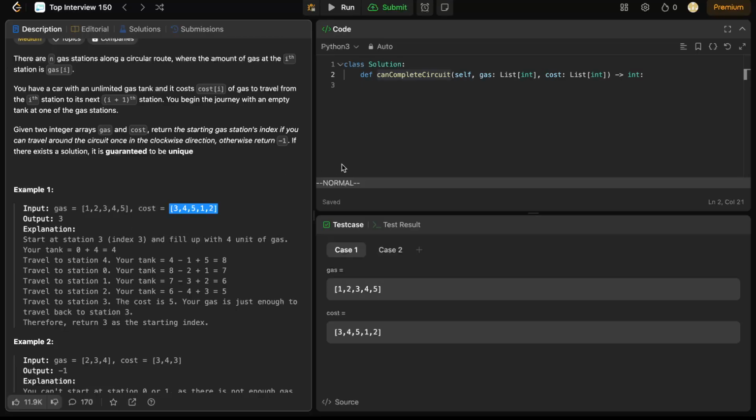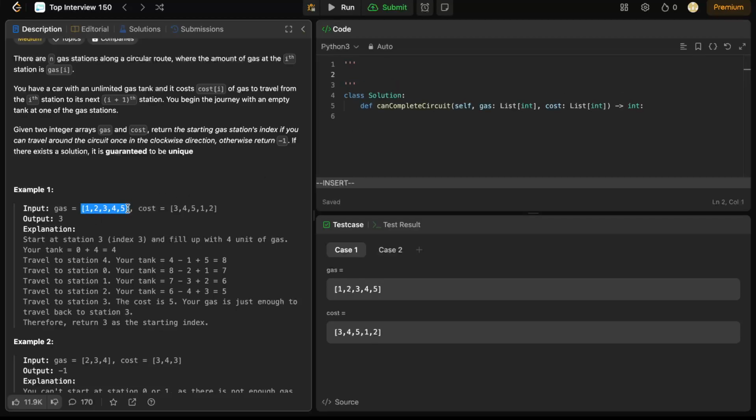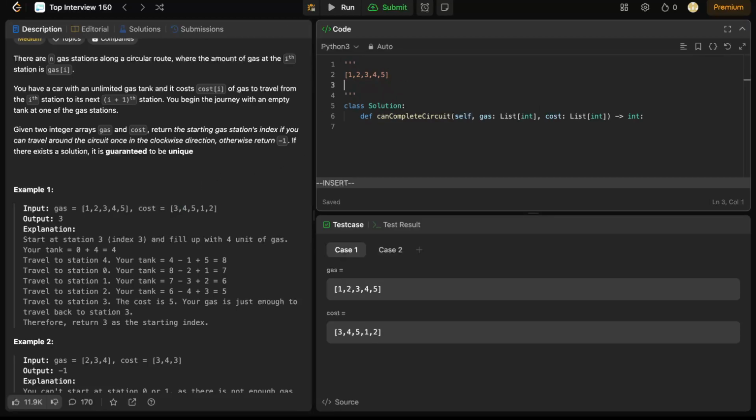So let's start by looking at this first example here. So we have this list for the gas we can get at each gas station, and we have this next list for the cost to get that gas.